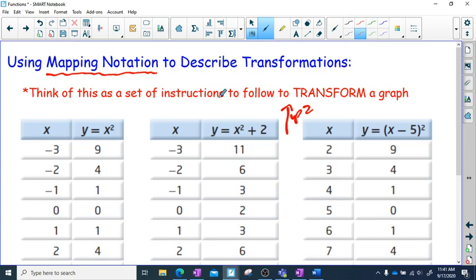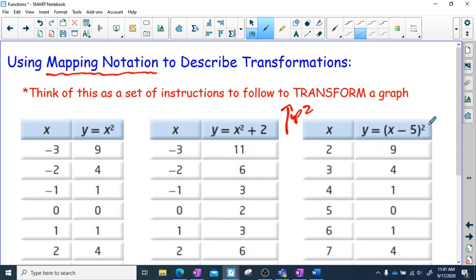If you move a graph straight up in the air, the x value shouldn't change. It's going to go vertically above where it was or below, whichever direction you go, but your y value should change. So notice in this situation, the x value stays negative 3, but my y value gets adjusted and becomes 11 because it went up 2. This y value went up 2, this y value went up 2, and so on and so forth.